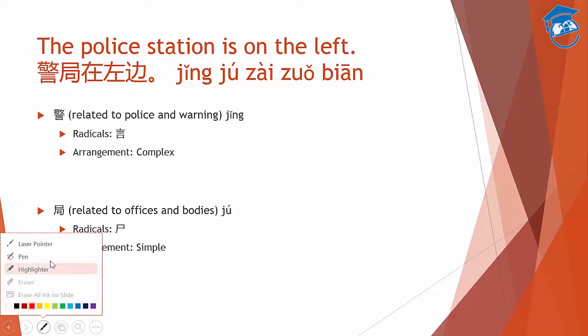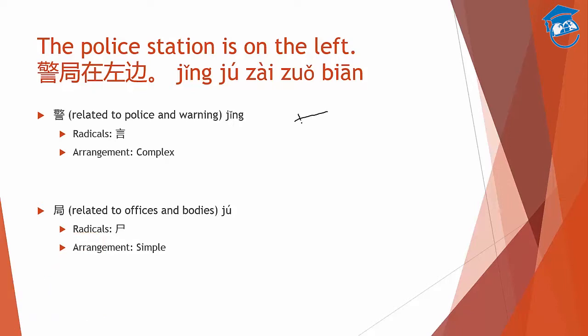So here's how to write 警. 19 strokes for this one, and like the very complicated words that you have learned, you have to have spatial planning for this word.